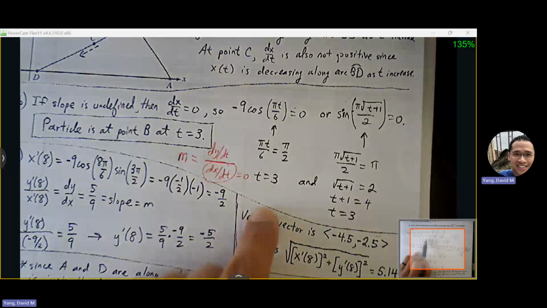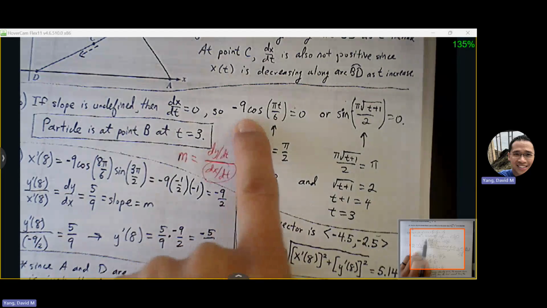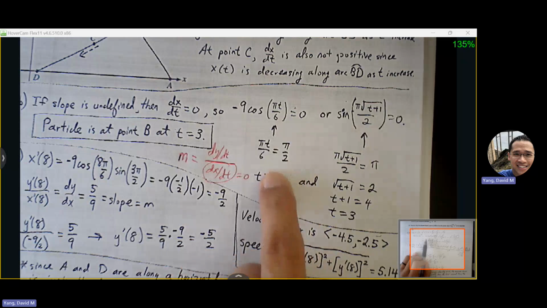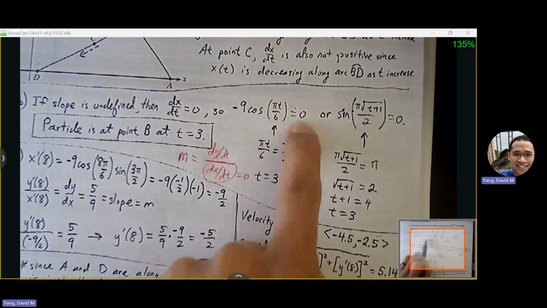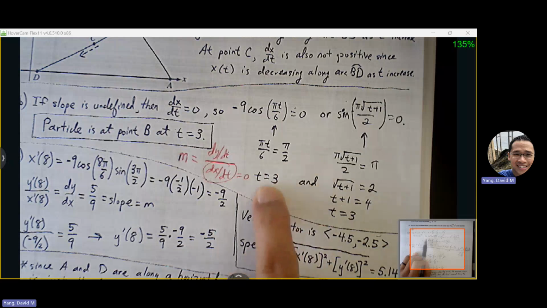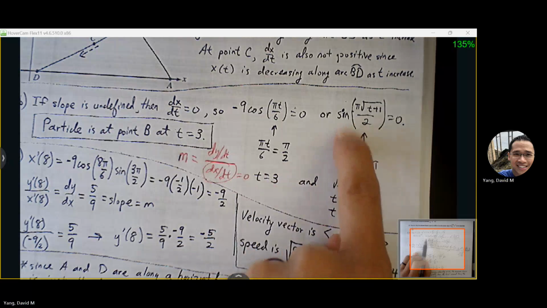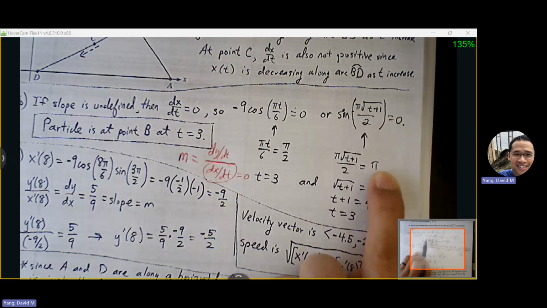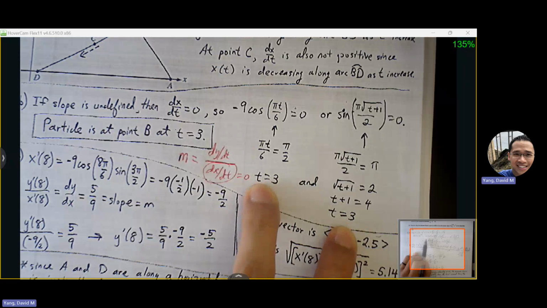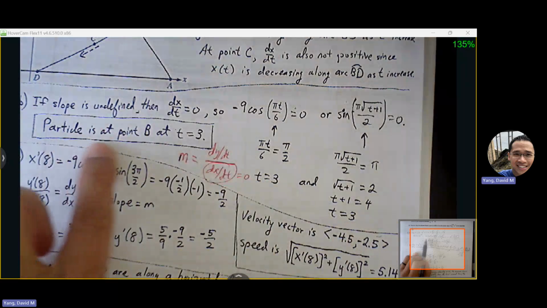And so if I set the negative 9 cosine of pi t over 6 equal to 0, we'll divide by negative 9, take inverse cosine. Inverse cosine of 0 is pi over 2, and solve for t, I get t equals 3. On this side, inverse sine of 0 is going to be pi. And then cross out the pi, solve for t, I also get 3. So t equals 3 is when the slope is undefined at point B.